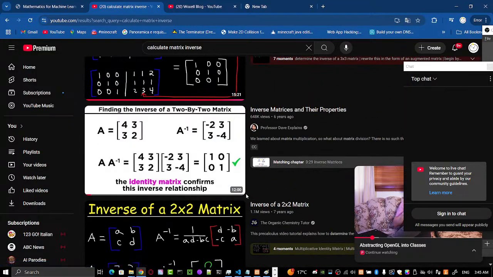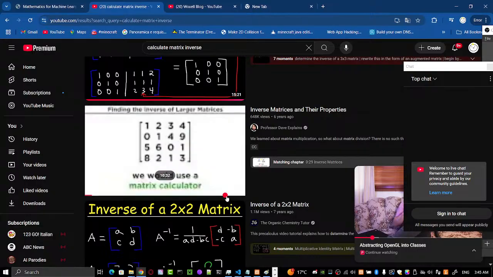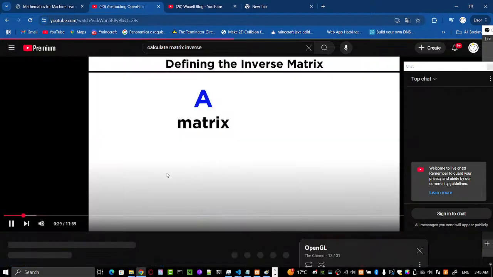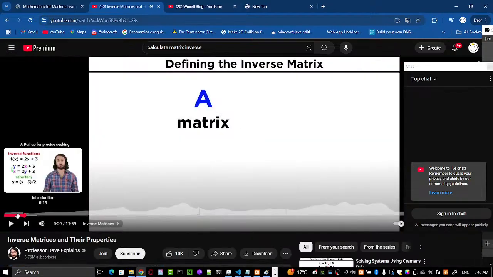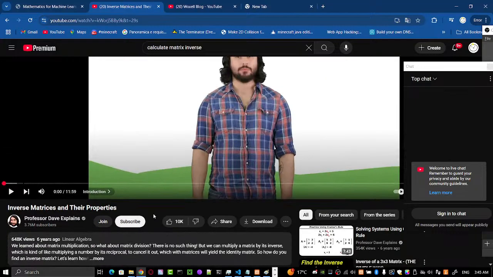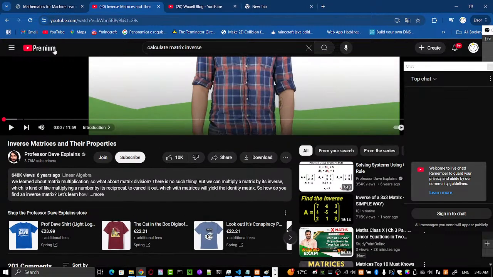Oh, this also covers 4x4 matrix. Let's watch this. Okay, that seems interesting. I have to refresh the page.